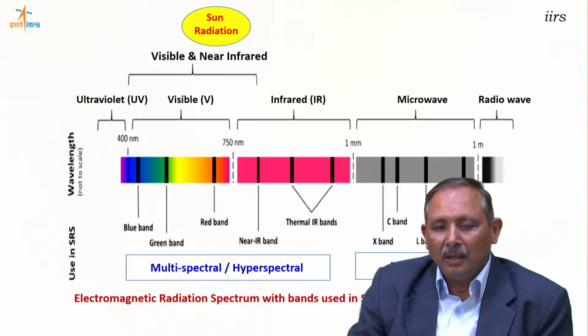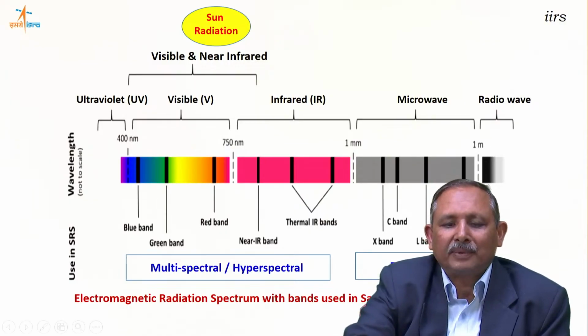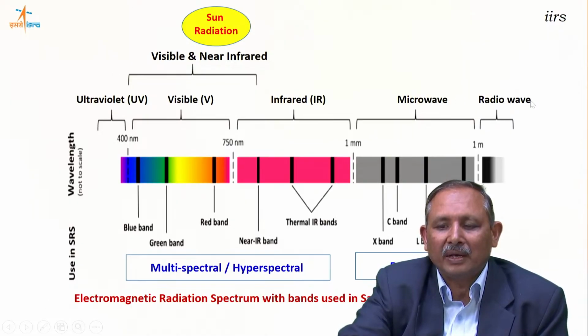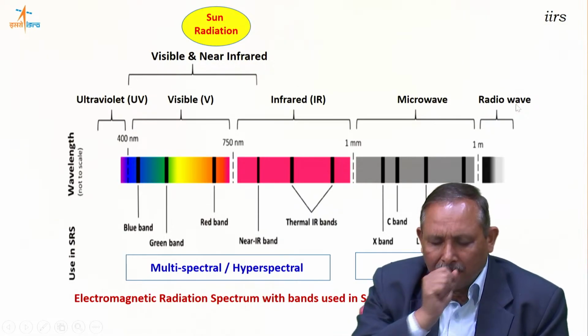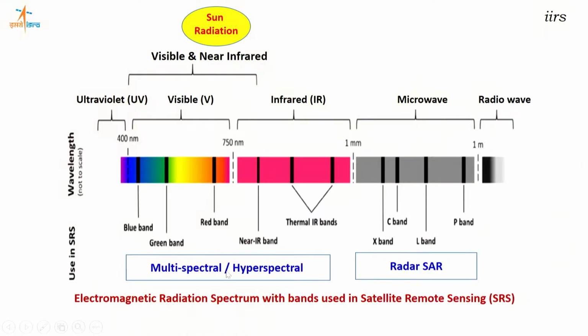From the sun, radiation comes to the earth surface, and the radiation has a range of ultraviolet, visible, infrared, microwave, and radio wave. Today we will discuss mainly the visible and infrared radiation, which we call multispectral satellite data or the multispectral wavelength region.